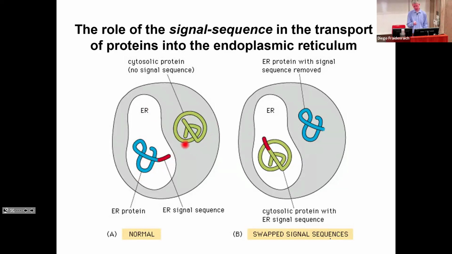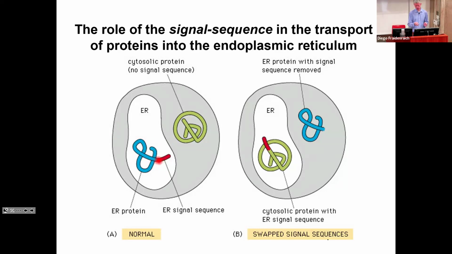You have another protein which is cytosolic and does not contain any signal sequence. By genetic engineering, which means on the DNA level, you can now remove, for example, the signal sequence, because that's a stretch of DNA, triple codons. And so you would remove this from the protein that normally can be found in the endoplasmic reticulum.